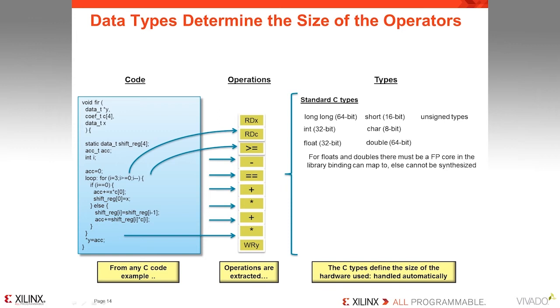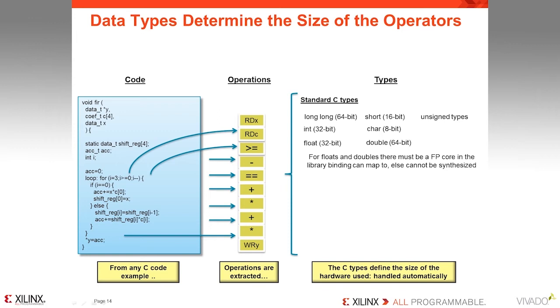For floats and doubles, all basic arithmetic is supported by the Xilinx IP cores for floats and doubles. For math operators, there's a library that Vivado HLS supports. It supports, for example, sine, cos, arctan, etc. Not every member of the math.h library is supported, and those that are supported are listed in the Vivado HLS user guide.